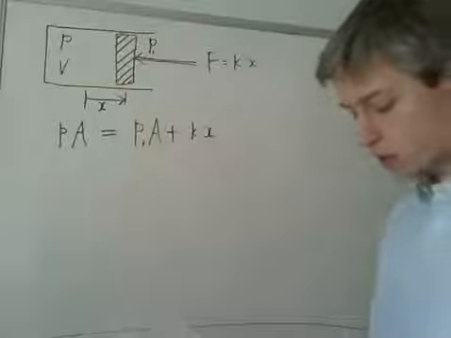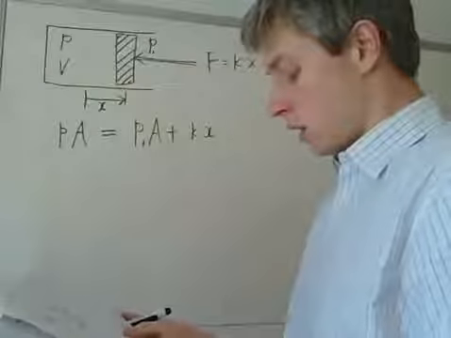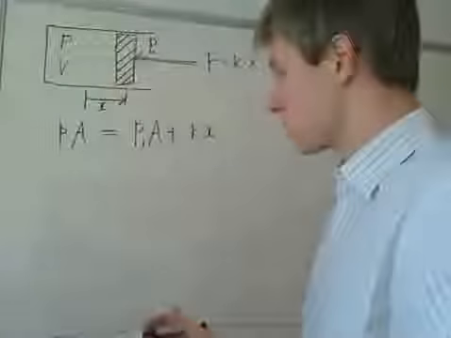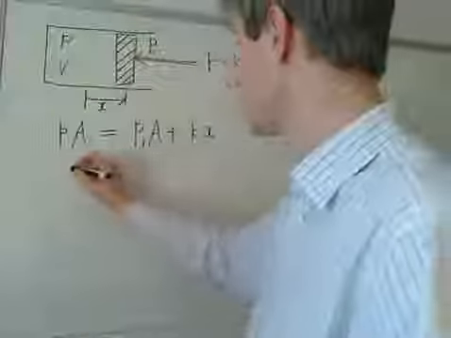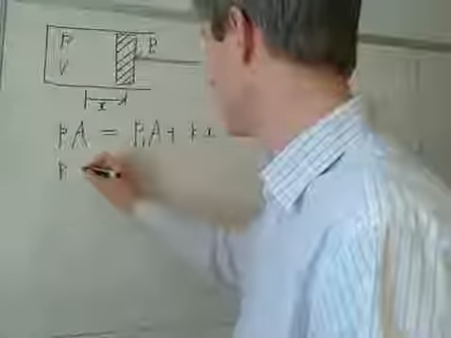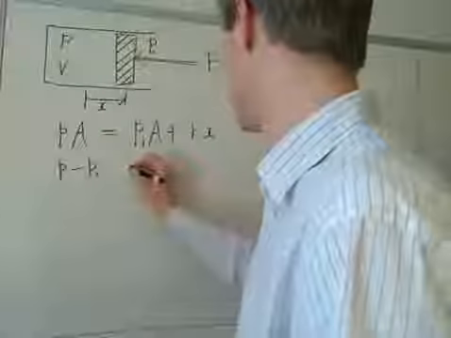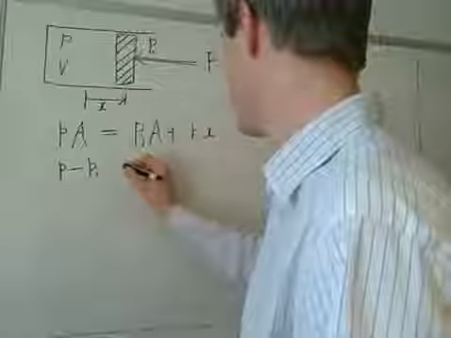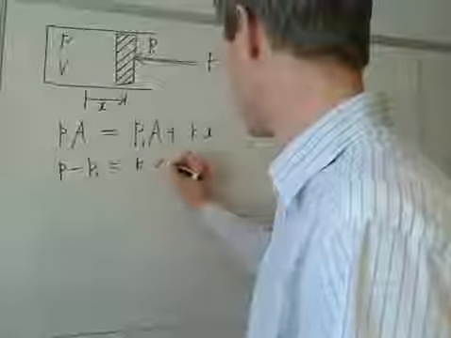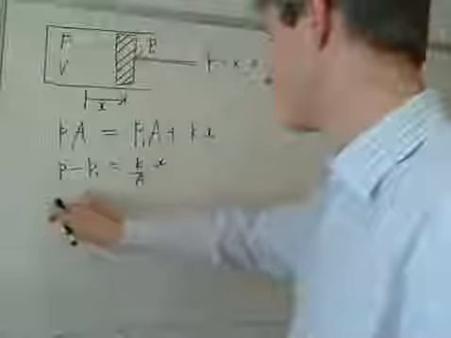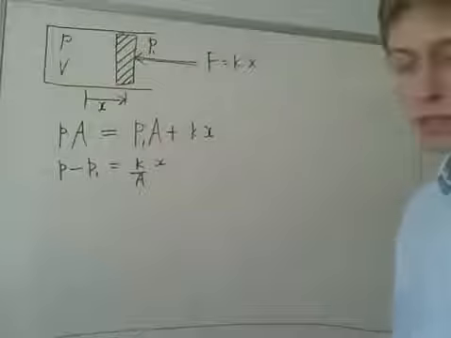Now, what the question asks us to compute involves the quantity P minus P1, and we can see that we have P and P1 here. So what we can do is say that P minus P1 is equal to Kx over A, or that P minus P1 is proportional to x.